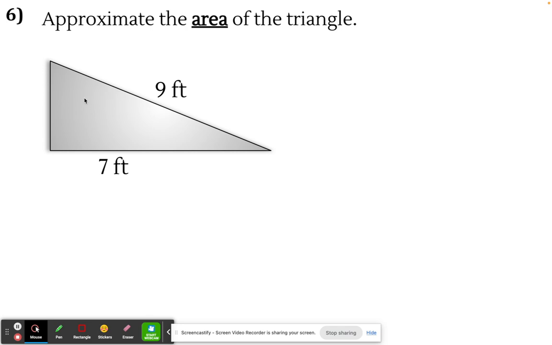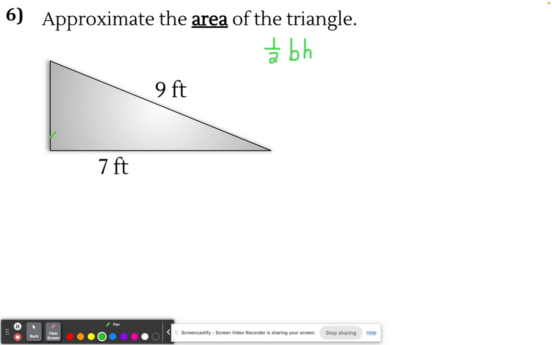Okay, for this one, I want to know the area of a triangle. If you remember how to find the area of a triangle, it is 1/2 base times height. Do I know the base or the height here? No, I know the base.